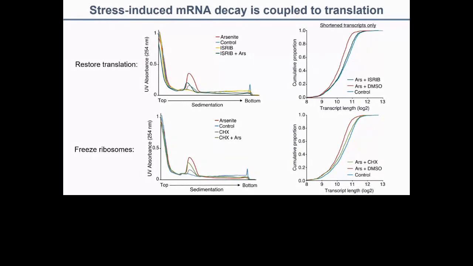These RNAs are recovering their initial lengths, which indicates that this stress-induced decay is very much coupled to translation, and most importantly, to the presence of ribosomes on the mRNAs, right? So if you leave the mRNAs naked, then you have stress-induced decay.